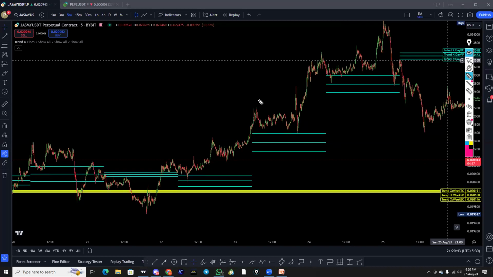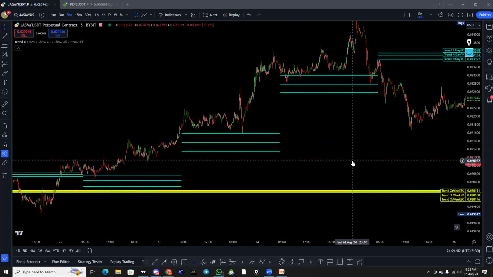What this chart is showing me is what is important for me. Assume that BTC is going up and this is dropping, then I'm not taking any kind of trade when it comes near a daily trend X until I get candlestick confirmation.